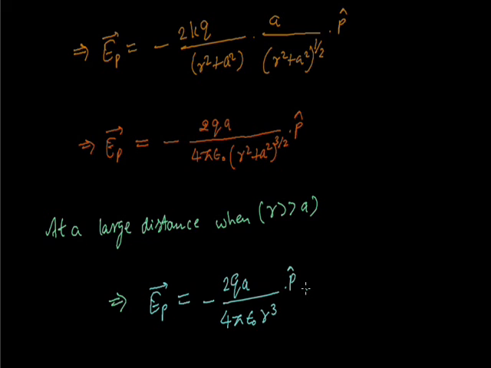From this equation, it is clear that the dipole field at large distance does not involve q and a separately. It depends on the product q a, and from this we get the definition of dipole moment.